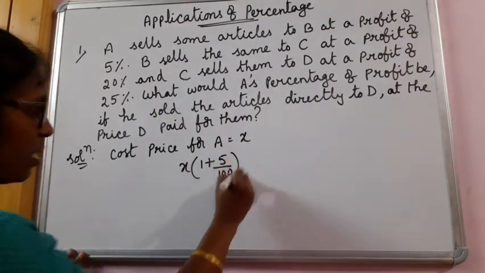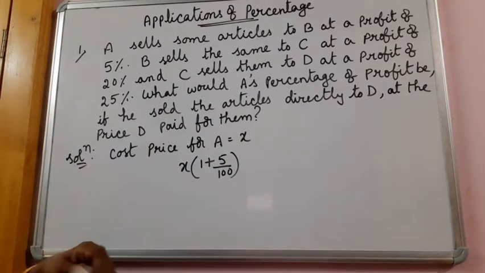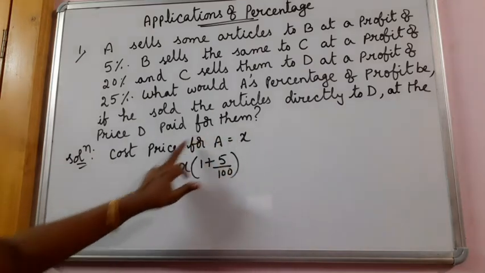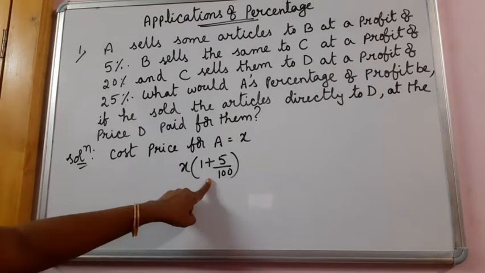This is the selling price of A to B, and this itself is B's cost price.